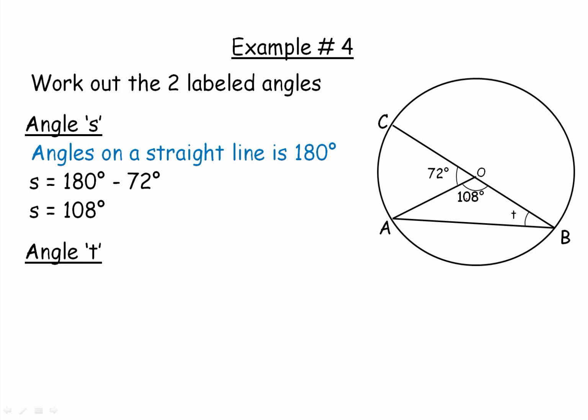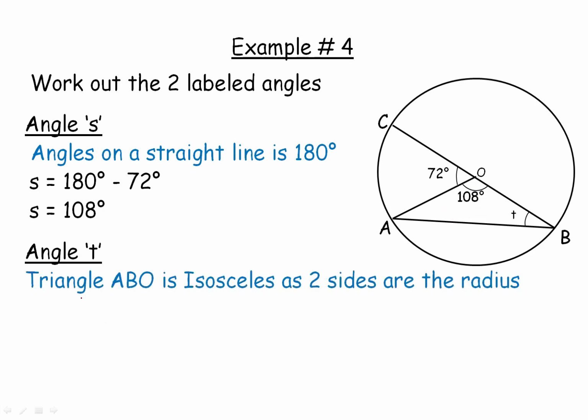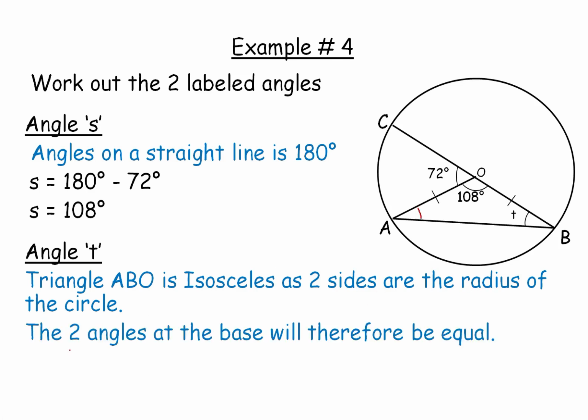For angle T, this is a triangle, so the sum of the angles within the triangle must be 180 degrees. Triangle ABO is isosceles, as two sides are the radius of the circle, so the two angles at the base are equal.